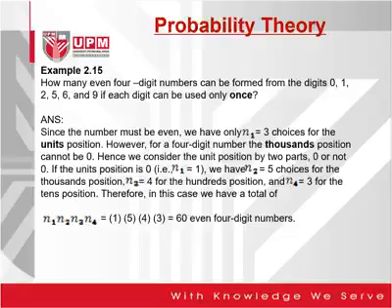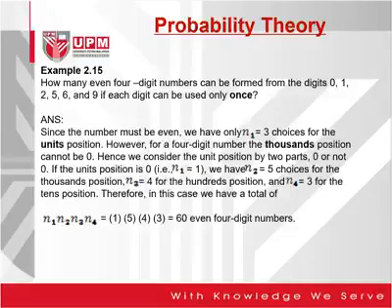Example 2.15. How many even 4-digit numbers can be formed from the digits 0, 1, 2, 5, 6, and 9, where each digit can be used only once, cannot be repeated?